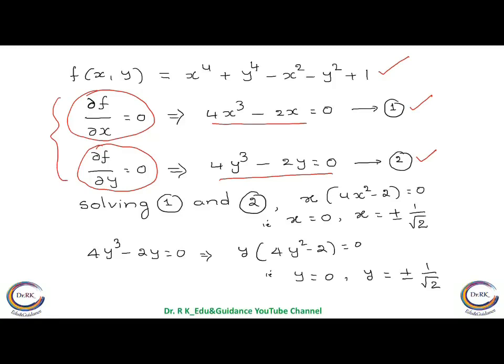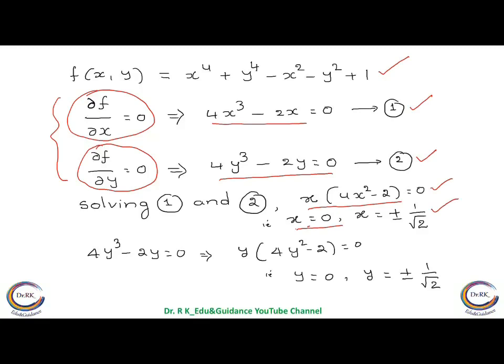Now we have to solve these two equations. That means we have to find the points at which the first derivatives become zero. How to solve depends on the problem; here it is very simple. From the first one, taking x common, x into (4x square minus 2) equal to 0. From this, x equal to 0, or 4x square equal to 2, so x equal to plus or minus 1 by root 2.